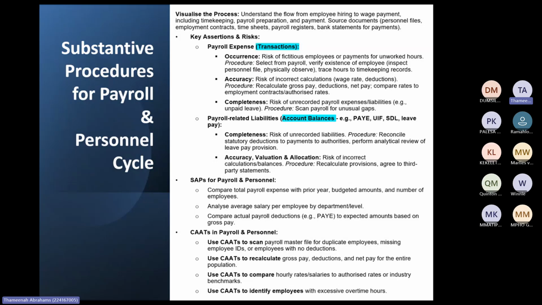Another thing is, as an auditor, we'll inspect the termination or the resignation letter. If they were fired, we'll inspect, for example, the disciplinary hearing, whatever reason they were fired. If it's a new employee, we'll inspect employee contracts and so on. As an auditor, we can also physically inspect employees, because how do we know an employee physically exists?